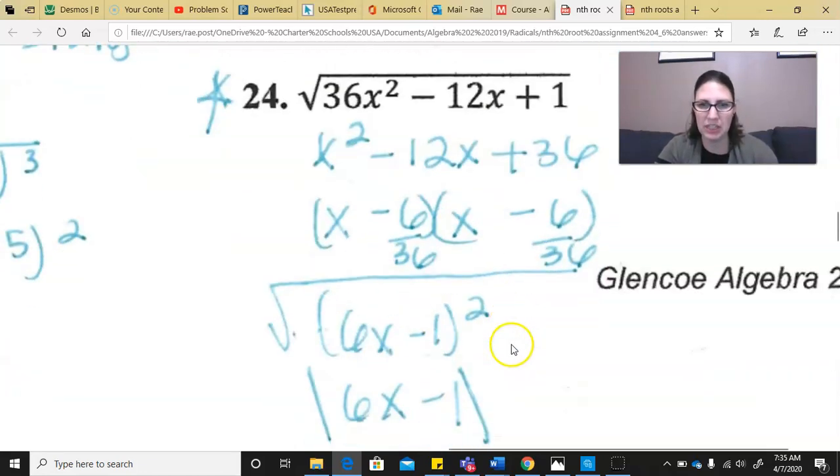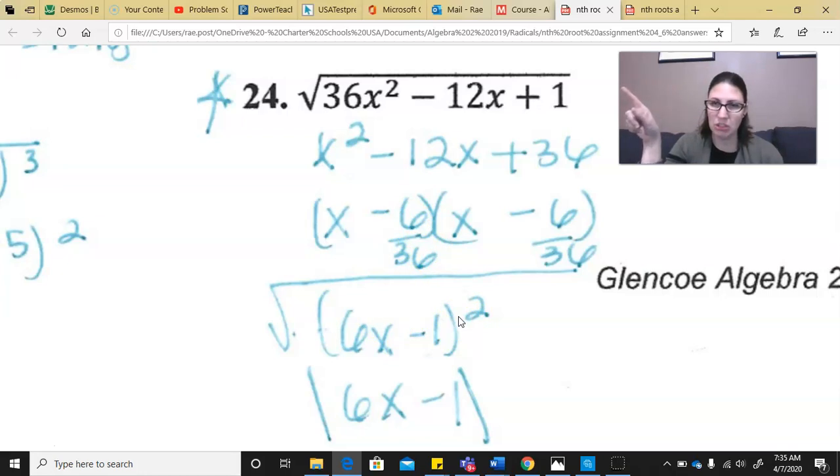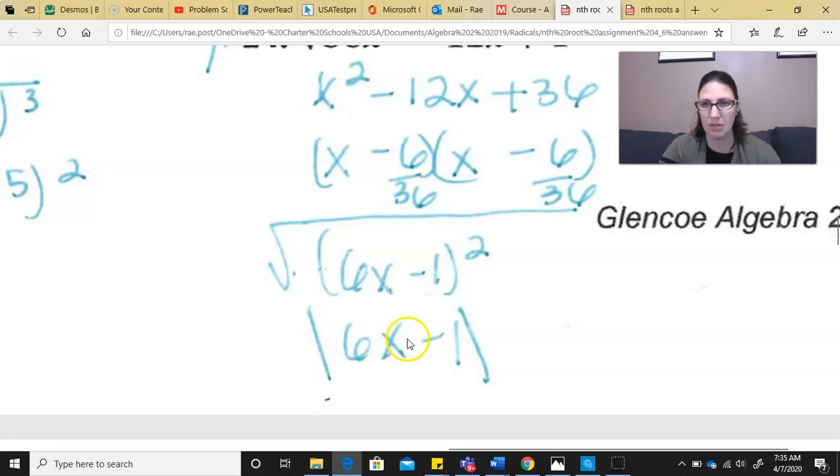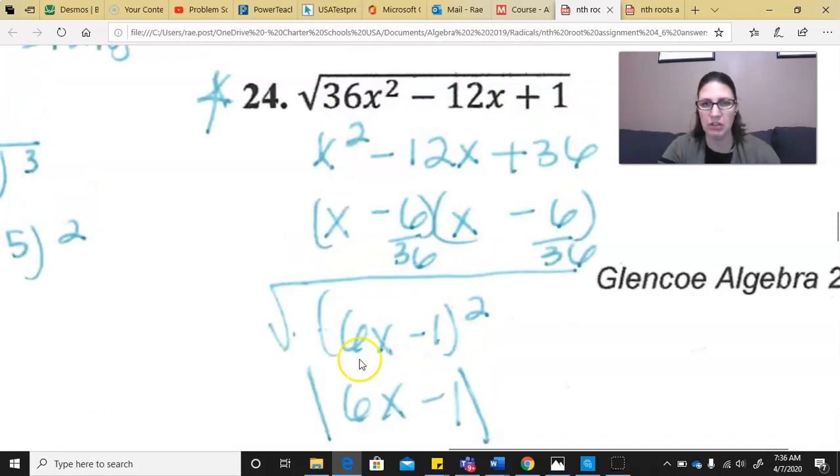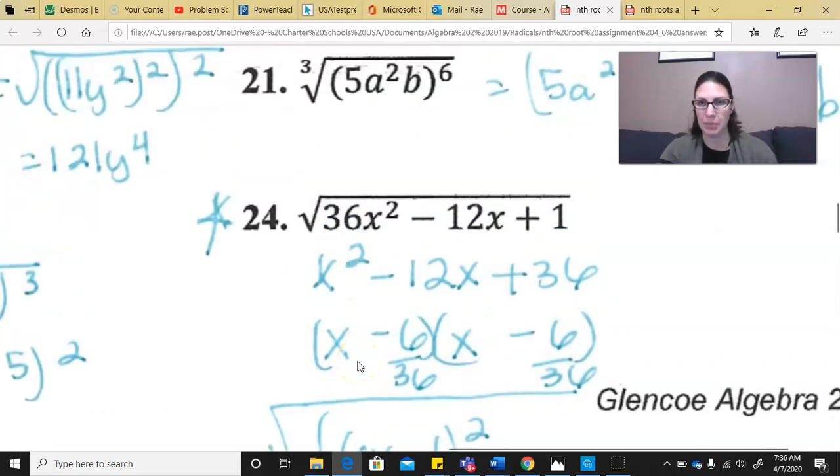Divide by what you slid, and you guys can rewrite it as 6x minus 1. And there's two of them, so it's 6x minus 1 squared. When you take the square root of 6x minus 1 squared, you just end up with one 6x minus 1, just one of those. So that's just a little factoring. Hopefully you guys remember. You've been doing that for almost 6 months now.